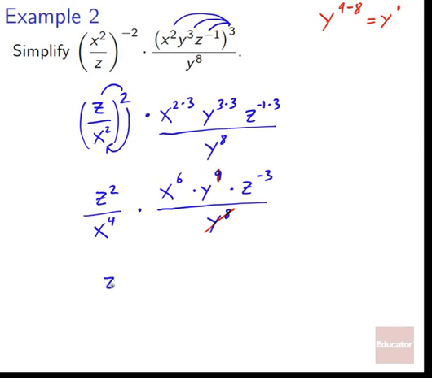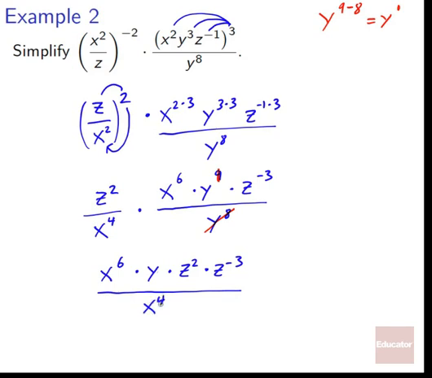z squared times x to the 6th times, I'll move that over. So let's put all of our variables so that they are near their similar ones. So we've got x to the 6th times y to the 1, which I'll just leave as y, times z squared times z to the negative 3, all over x to the 4th.